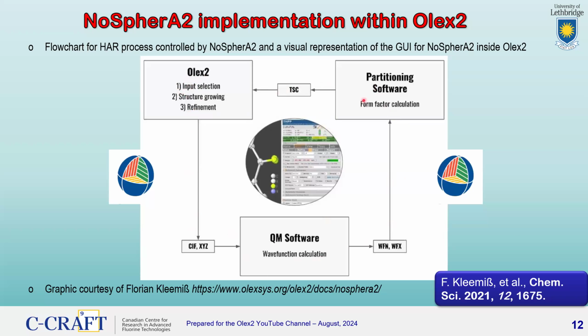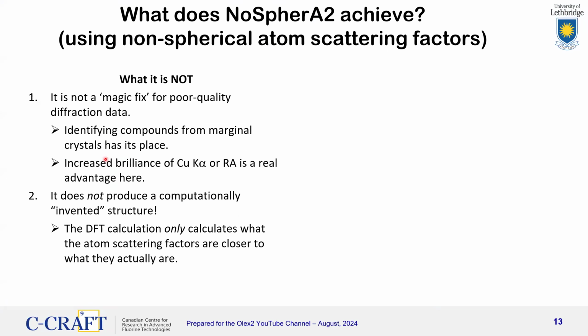So we are doing a convergence in the calculation of the form factors, and we're also doing convergences within the matching of the F-obs and the F-calc. So we're doing a double convergence, one here and one here, until you get the best possible result from that. So the conception is very similar to standard crystallographic model building.